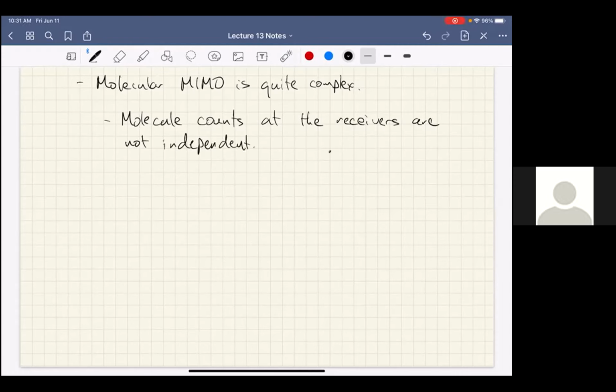If you think about how that works, if a molecule is counted in here, then it's not over there. So in other words, the counting noise is actually dependent, in a way that is actually kind of annoying and hard to deal with.